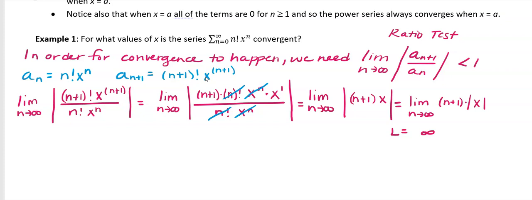And so now we know the limit would equal infinity times our absolute value of x. Now, the ratio test says, so let me write this down, that we need our limit, this L value, to be less than 1 in order for there to be convergence.